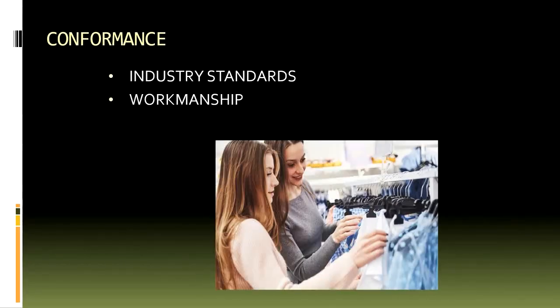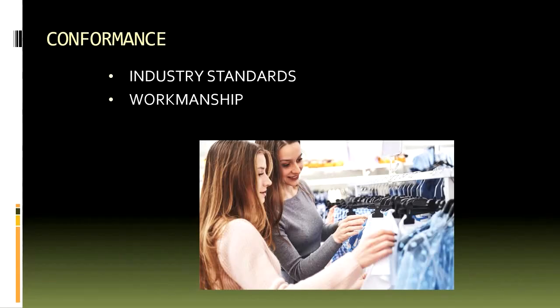For example, in a particular kind of retail shop, there are certain consumers who are just trying to pull their best choices from the shelf, and there workmanship is taken into consideration, because industrial standards they may not judge in this condition, as it is subjective. They look at the product and see the workmanship by seeing how the stitching is, whether buttons are all fixed properly, or whether the attachments on the garment look good and are fixed properly.